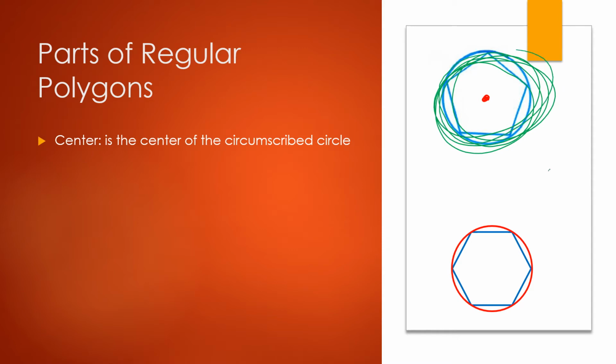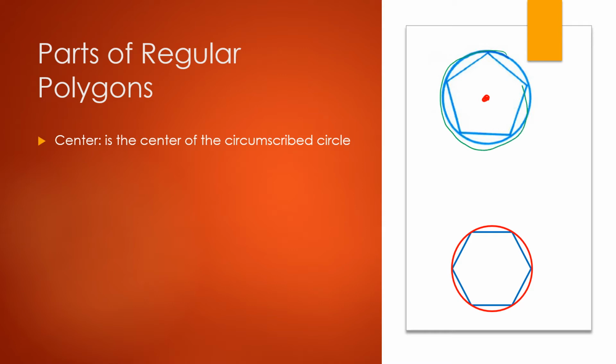And it can't be like this, that's not considered circumscribed. To be circumscribed, all of the vertices have to be on the circle. So, excuse me, the center of that circumscribed circle is the center of the circle that is going around here.